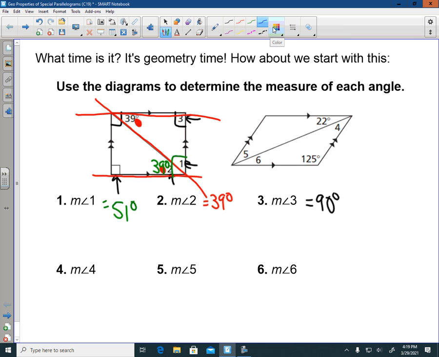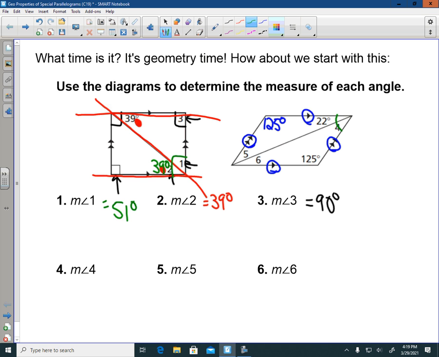If this angle that's marked 125 is in a parallelogram, which it is, see that? Then we know that this angle over here is also 125 degrees, which is good stuff. Because then I know the measure of this angle, this whole thing, because in a parallelogram, consecutive angles are supplementary.